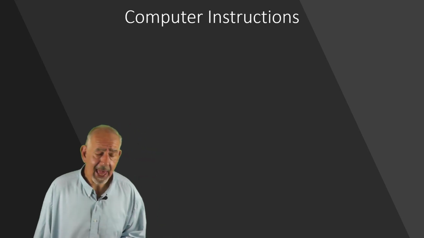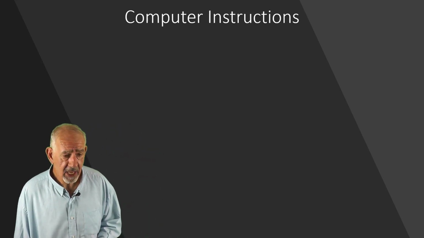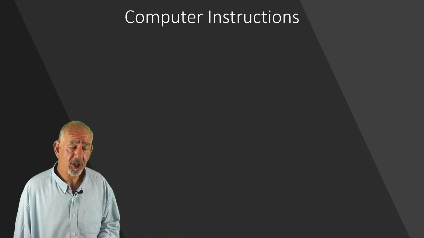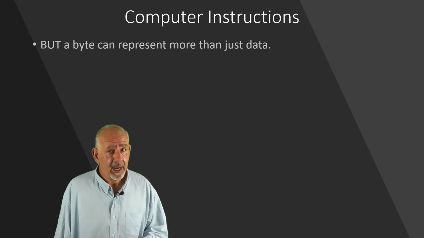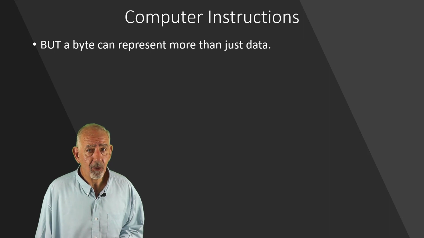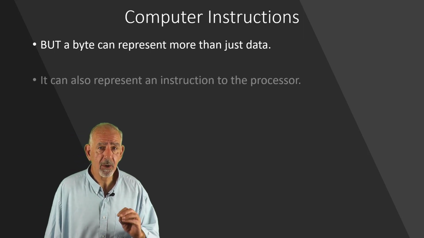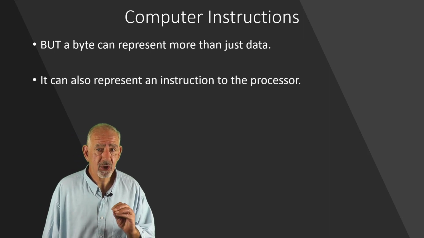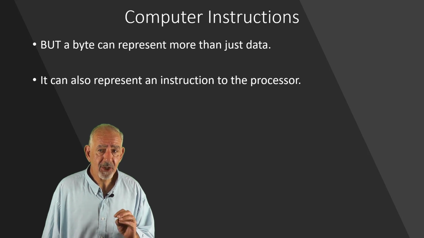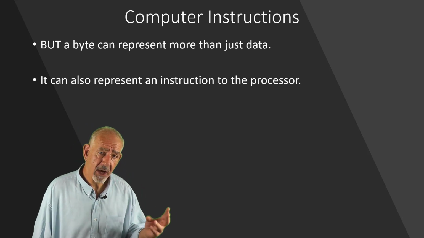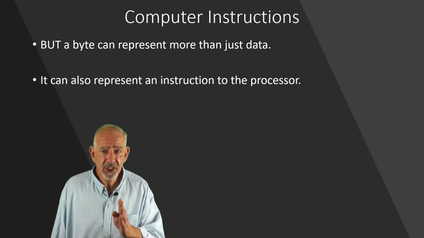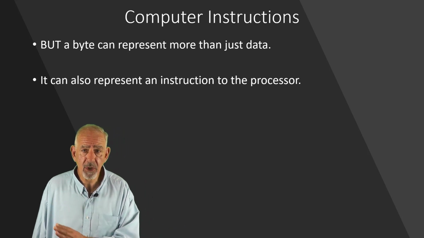So we've looked at how we measure size of memory and how we store our characters. We've looked at how we represent characters within a computer. But you know, binary is used for a little bit more than that, because it can also code computer instructions. It can represent an instruction to a processor, and a sequence of those will represent certain instructions that a processor will use.